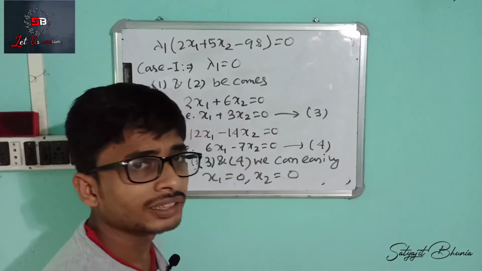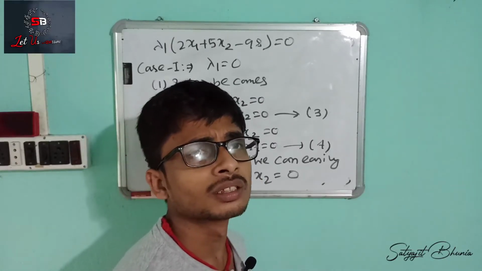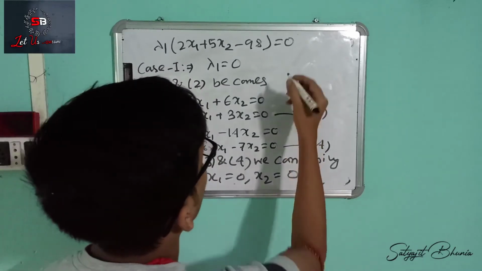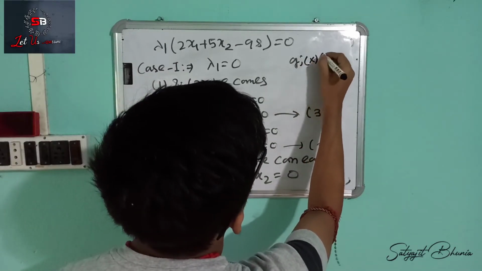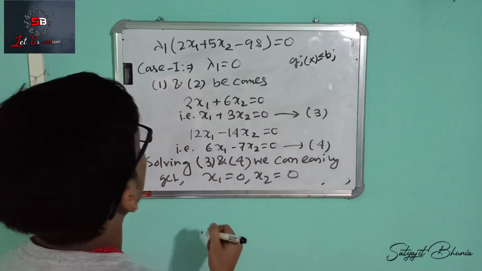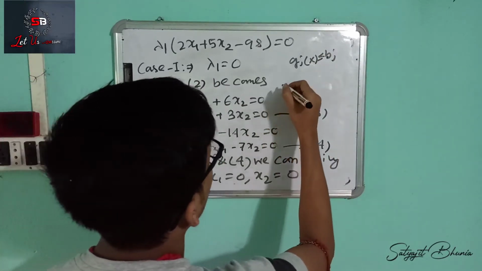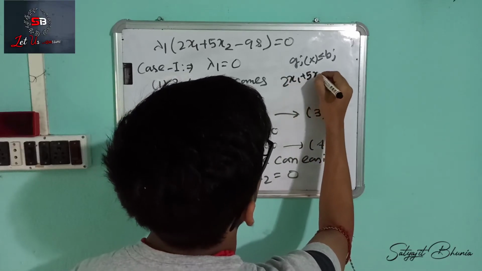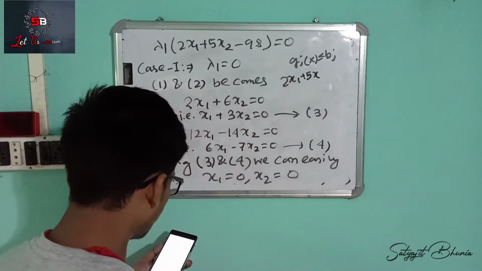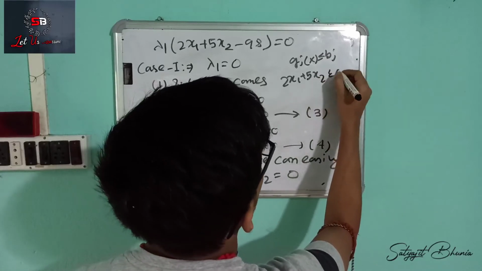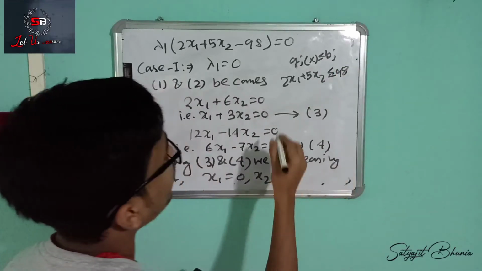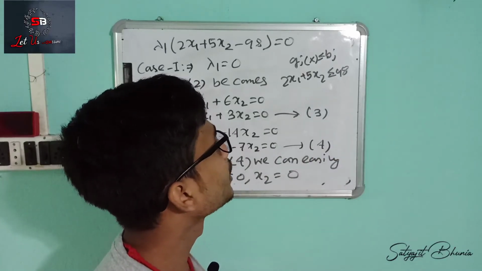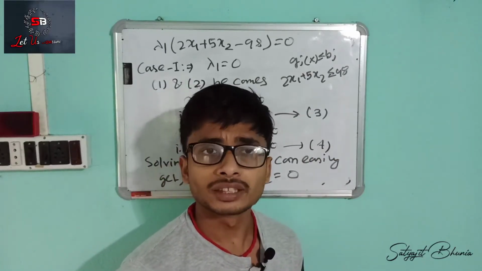Okay, we will check number 3, the third condition, that is the condition Gjx lesser equal to bj, or we can write here 2x1 plus 5x2 lesser equal to 98. This will be satisfied if we put x1 is equal to 0 and x2 is equal to 0.